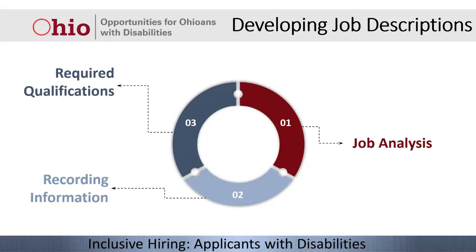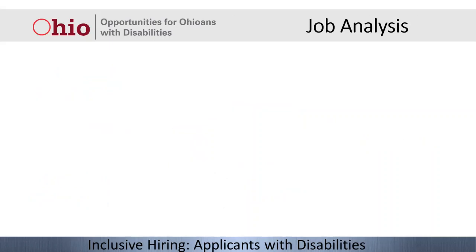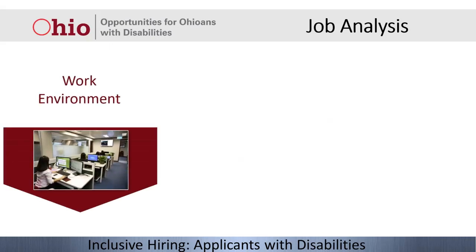A job analysis sounds interesting. What exactly is that? The job analysis involves examining the work environment and the job, and then recording the results into a formal document, which is the job description. When you perform a job analysis, you begin with observing the work environment to determine things like how the employee will operate in the physical layout, and consider conditions such as temperatures, noise levels, and lighting.